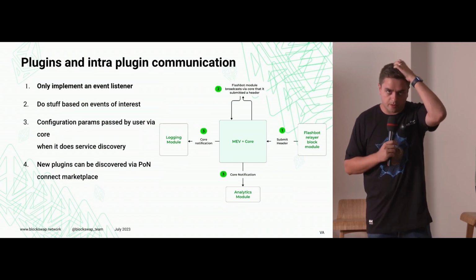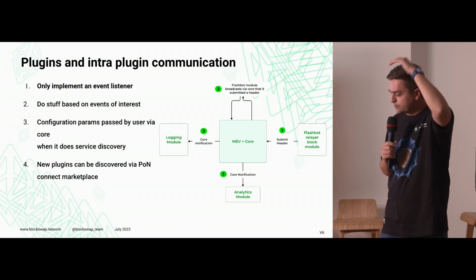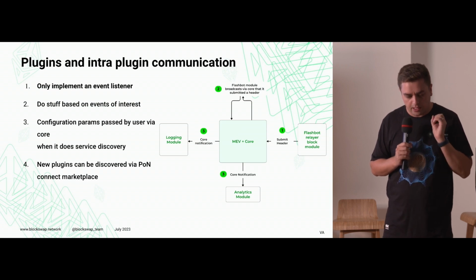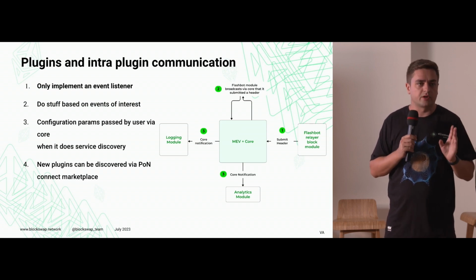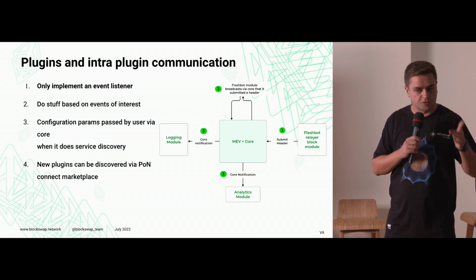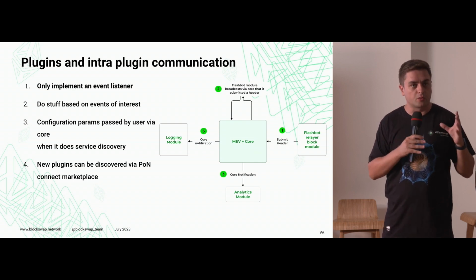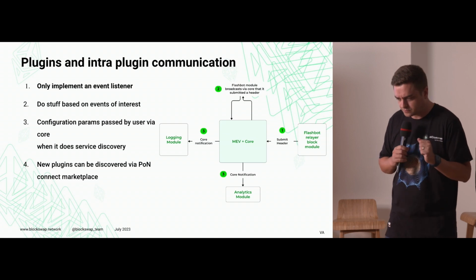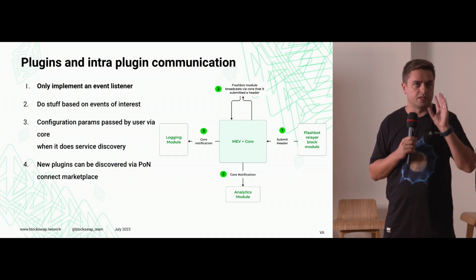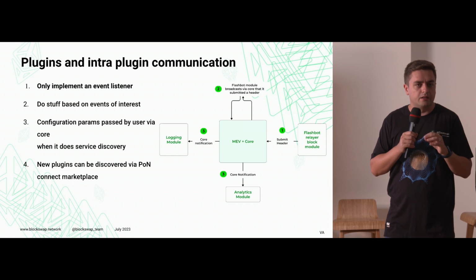A bit more on the plugins and the architecture. You have this MEV Plus core, and MEV Plus will emit standard events. Like I said, Builder API is very standard, but plugins that the user optionally enables, or can enable in an automated way, can communicate with each other via event-based logic. Via the core, whatever service is registered gets notified, and each service can decide whether or not it's interested in listening to an event.